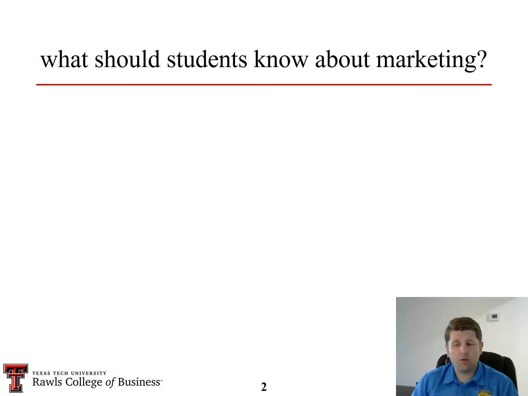Not many individuals were teachers of what we know today as marketing. So this era really formalizes what students should know about marketing, so who the future marketers will be. And from this, we get a better understanding of how we got to where we are today for what we teach you in marketing classes.